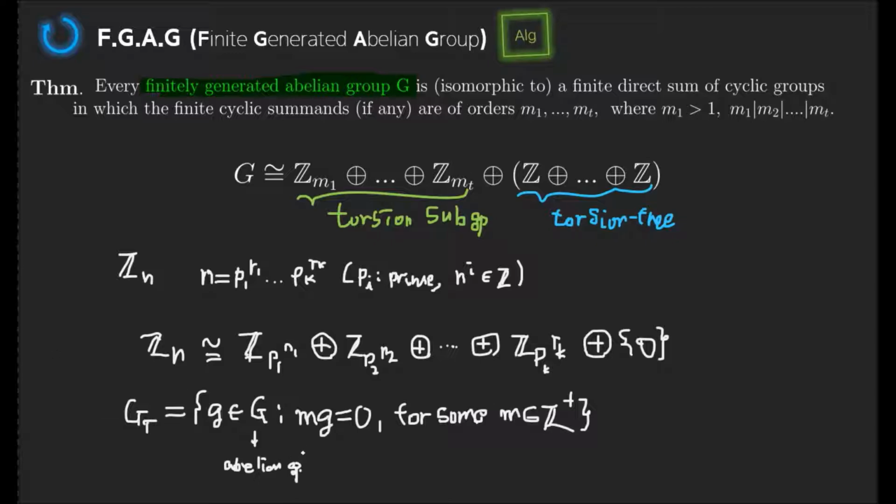For any Abelian group, this collection is a torsion subgroup.